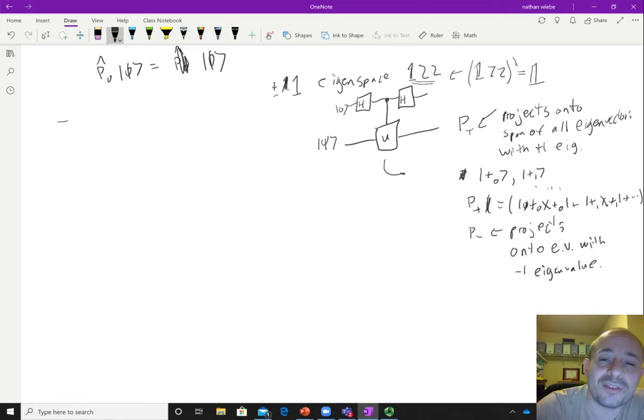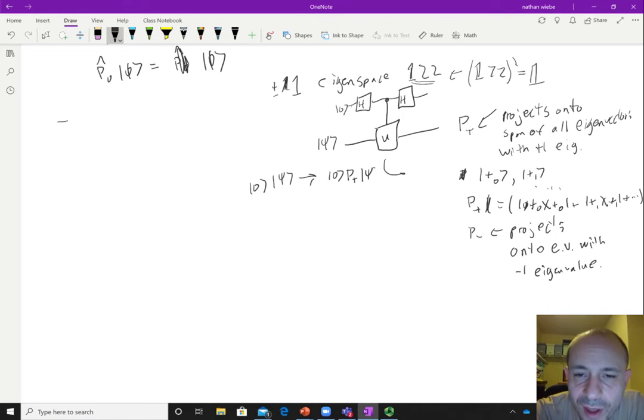All right, if that's the case, then the Hadamard test will map 0 and psi over to 0 P plus acting on psi plus 1 P minus acting on psi. So in this particular case, where the operator squared is equal to identity, measuring this bit at the top will result in the bottom vector being transformed into either its positive or its negative component.